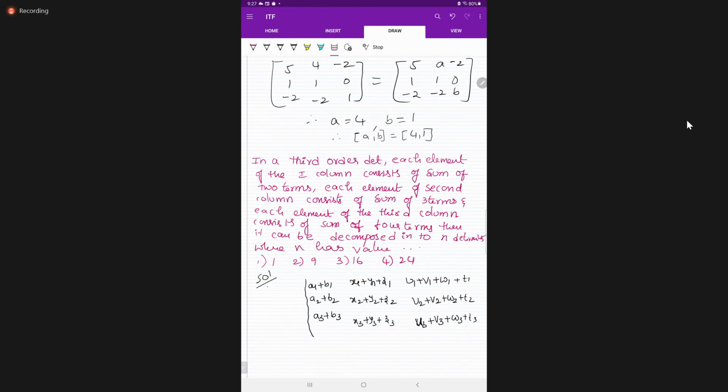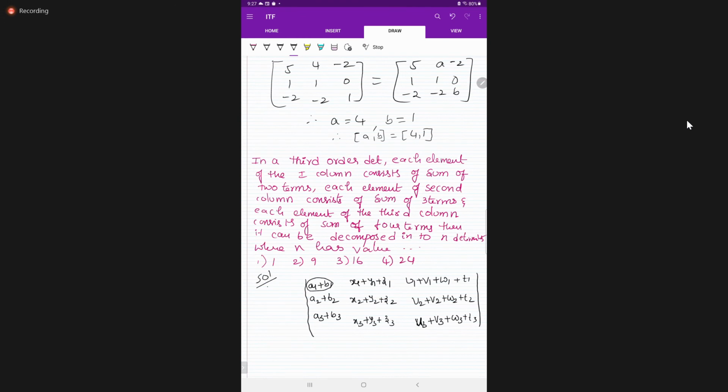Students, now tell me this answer. Already we know sum of 2 terms can be written as 2 determinants.